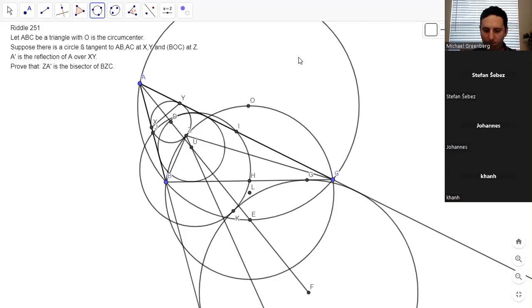Let me just type it in the chat. But when I drew in root BC over 2 inversion, I think it didn't take BOC to the nine-point circle. If I took root BC inversion and then took homothety with factor 1/2, then that would be it.